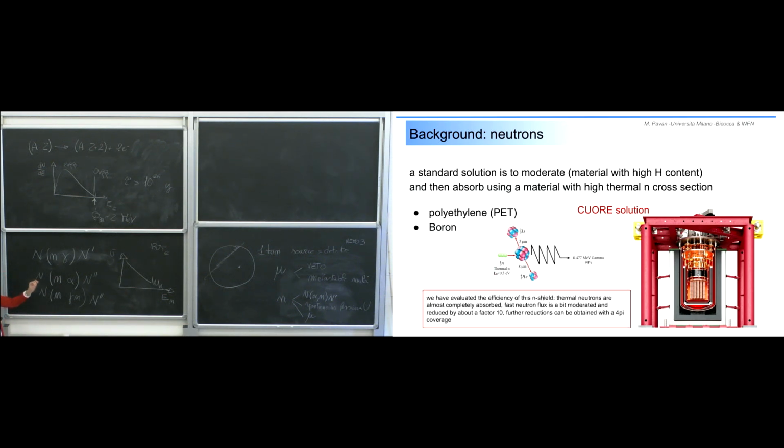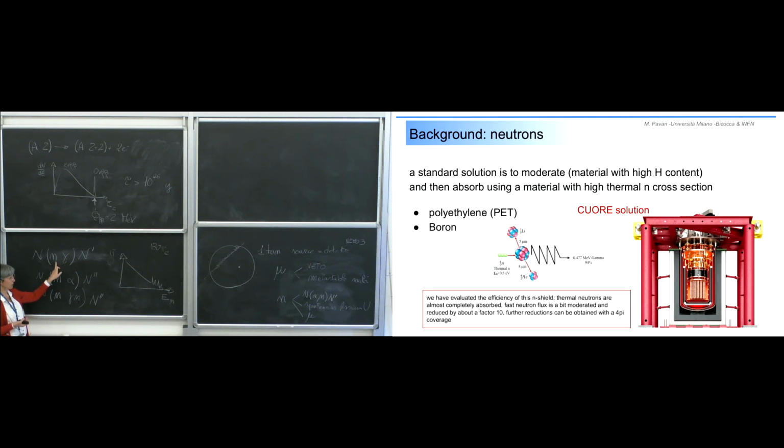I just want to remove the neutron so that it doesn't enter the region where I have my detector. But I do not want to produce an additional background, okay? So this reaction is not nice because it produces gammas.